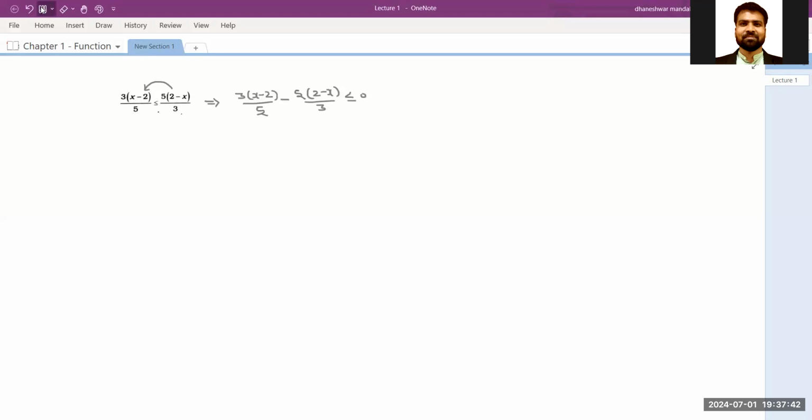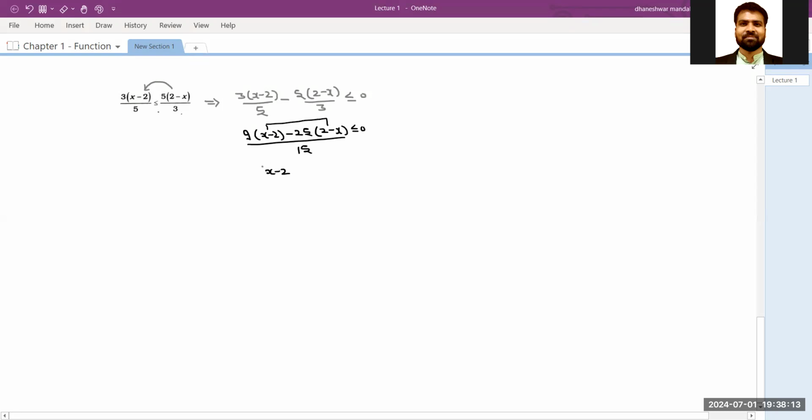Okay. Now just multiply by 3. Then I get here 9, if I take the LCM, and here I get 25 times 2 minus x, and here we have 50. Okay. Can I take x minus 2 common from these two terms?